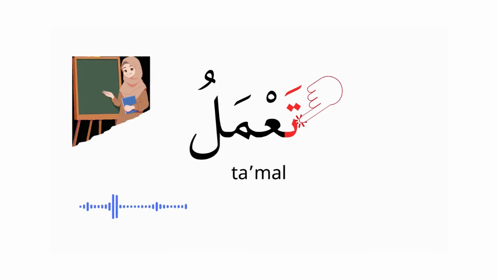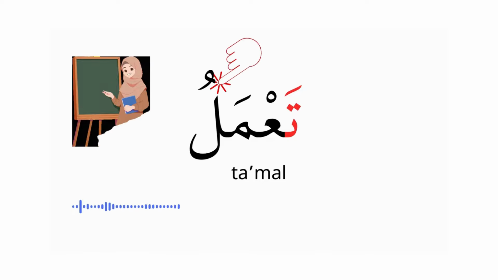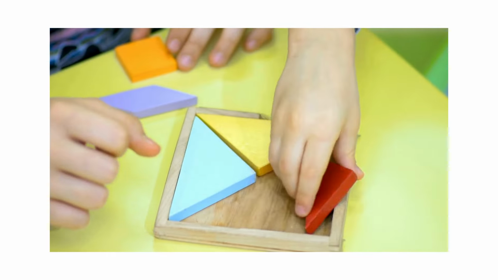And to conjugate the same verb عمل with the pronoun هي, we are adding ta at the beginning of the verb. هي تعمل. And always, as we mentioned before, we need to keep the lu sound at the end of the verb. Let's practice and put these two verbs in a sentence.